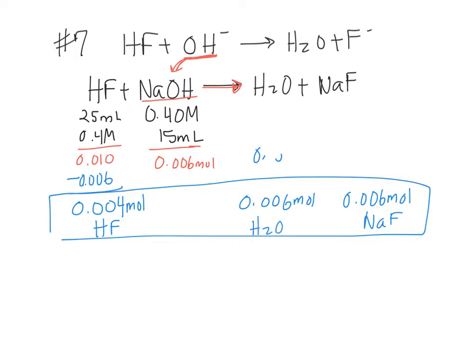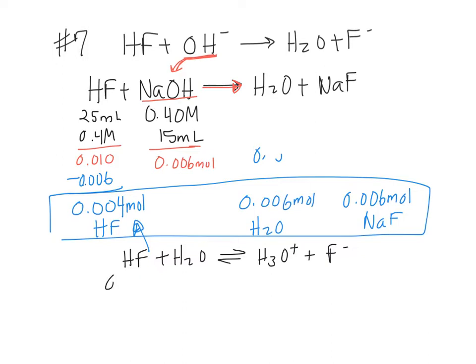Now, the question says, how many moles of HF will remain in the solution? So we now need to go back, and this number of moles of HF is not going to remain in the solution because now we're going to go back to the equilibrium and say that HF in water is going to create H3O plus ions plus F minus ions.